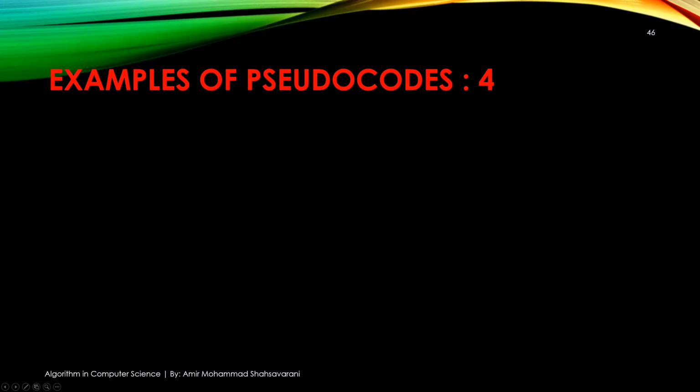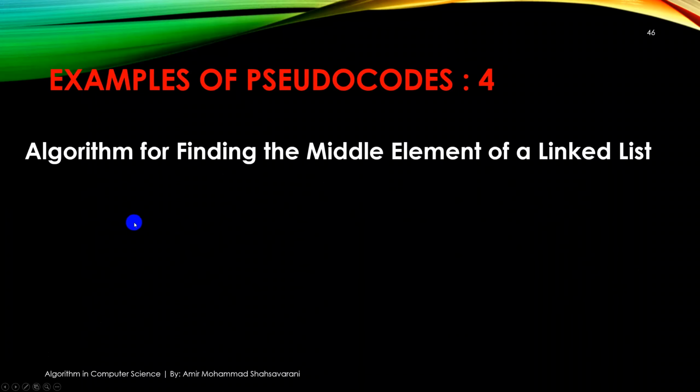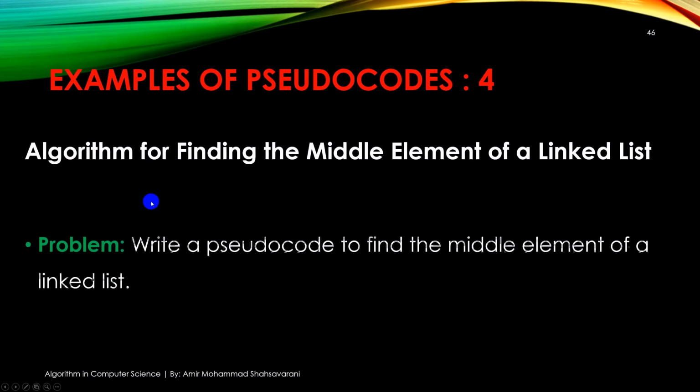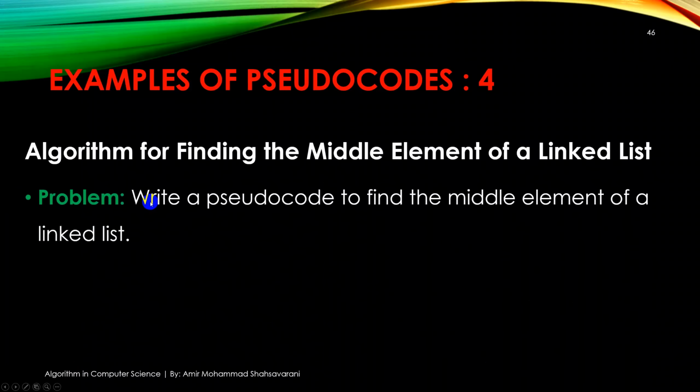Our fourth example of pseudocodes: we have an algorithm for finding the middle element of a linked list. So, our problem is to write a pseudocode to find the middle element of a linked list.